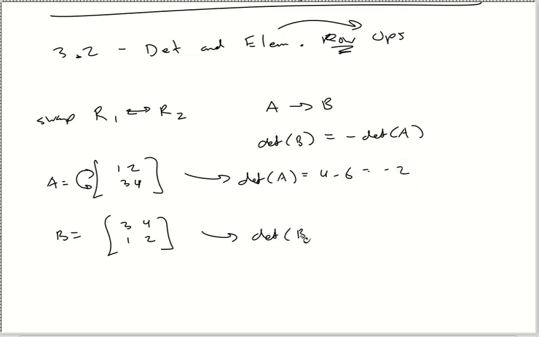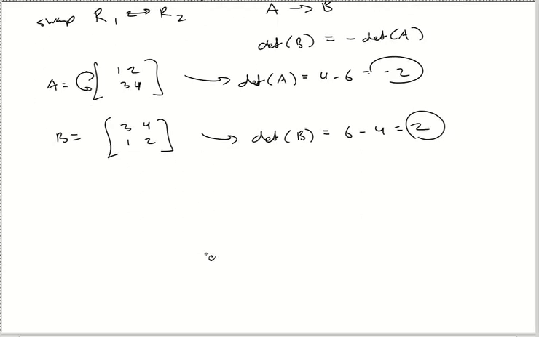But here, determinant of B, I got 6 minus 4 is a positive 2. You can see that they're opposite sign of one another. Now, this is not a proof here. I'm just basically stating a property. This is the property here, that if you row swap, then you could just say the determinant's a negative value, okay?